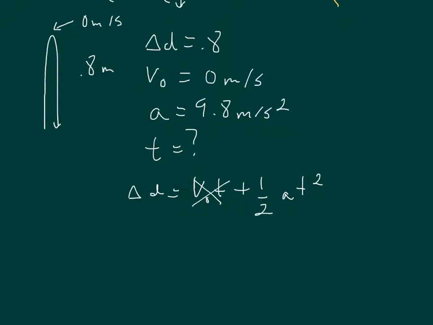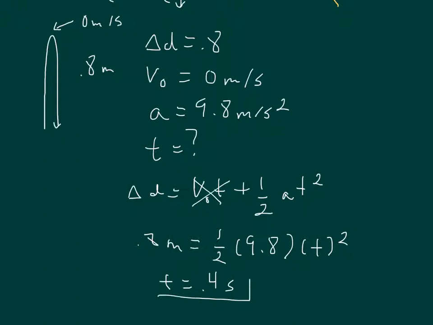So when we plug in our numbers, we get 0.8 meters equal to 1/2 times 9.8 times t squared. If we do the math on this, we end up with our time being equal to 0.4 seconds.